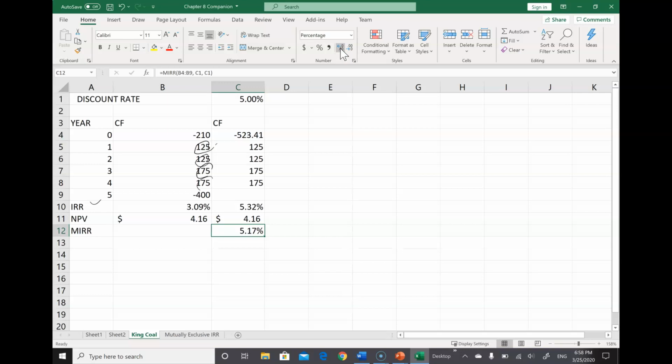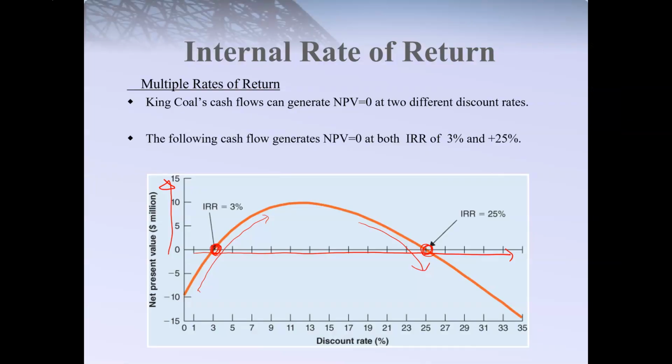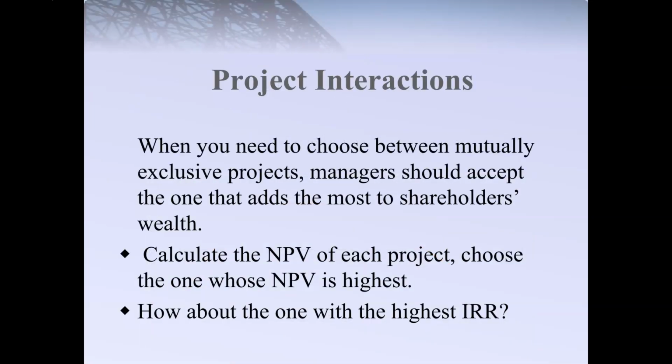Okay, now let's go back to the PowerPoint and talk about the second case of the internal rate of return pitfall. That's the case when there are 2 or 3 mutually exclusive projects, right?